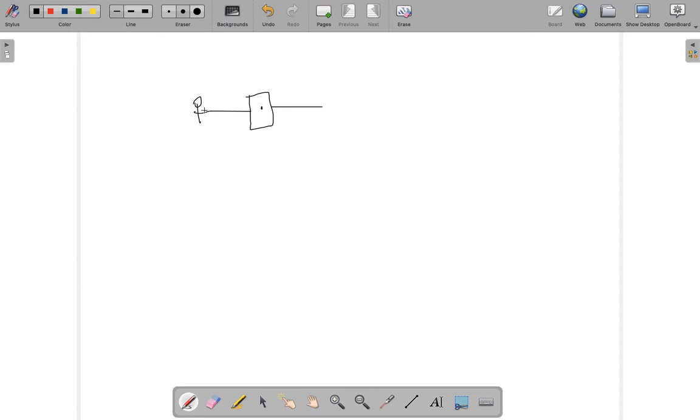There's a guy over here who's pulling it with 10 newtons, and there's another guy over here who's pulling it with 12 newtons. Well, the net force that acts on the block will just be 12 minus 10. That's because it's a vector quantity and we're taking this direction to be positive. So we end up with the net force being 2 newtons.